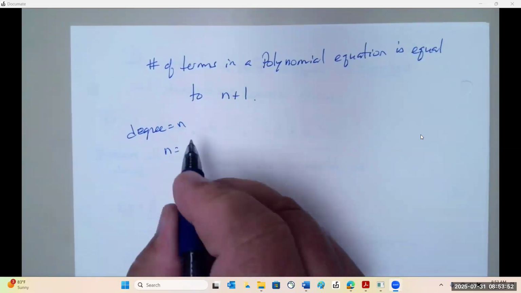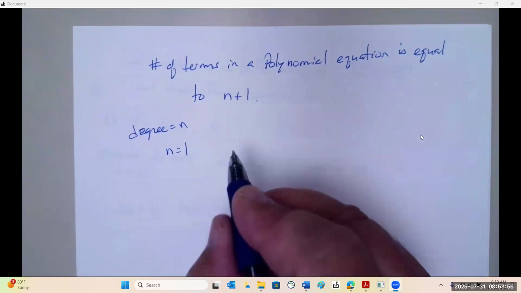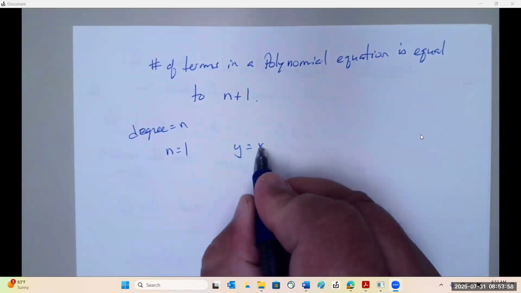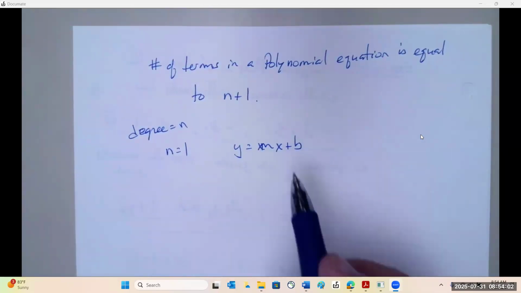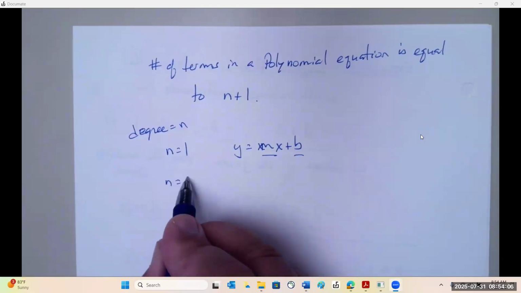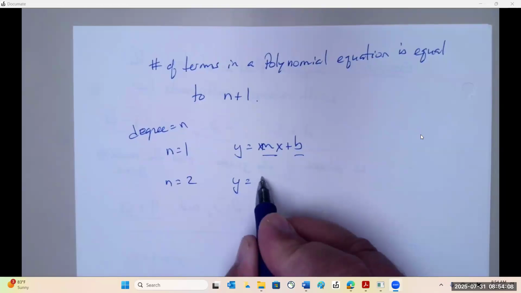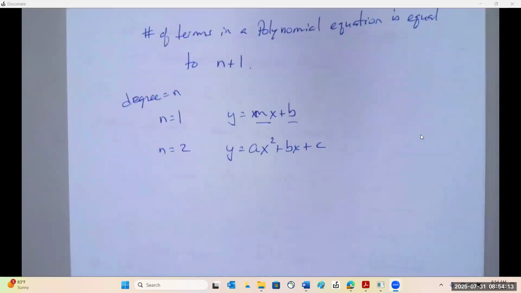So let's say we had a linear equation. A linear equation is mx plus b. How many terms are there? 2 terms. Let's say we had a quadratic equation, so ax squared plus bx plus c. We have 3 terms.